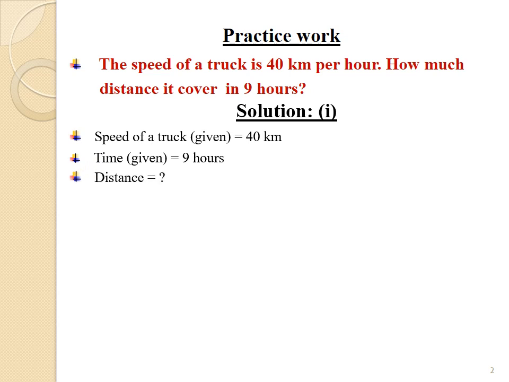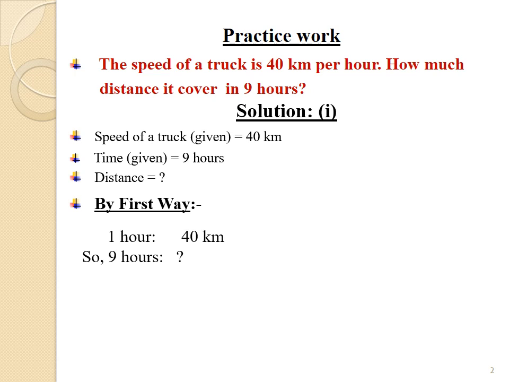Now, let's solve this sum by the first way. 1 hour, 40 kilometers. So, 9 hours, how much? Students, now we have to cross multiply. Thus, by cross multiplying, we get 9 multiplied by 40 upon 1. Now we have to multiply 9 by 40 and keep the denominator 1 as it is.